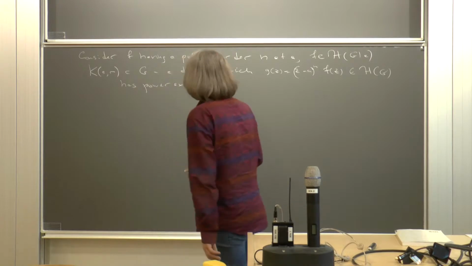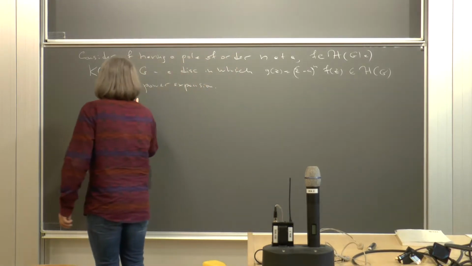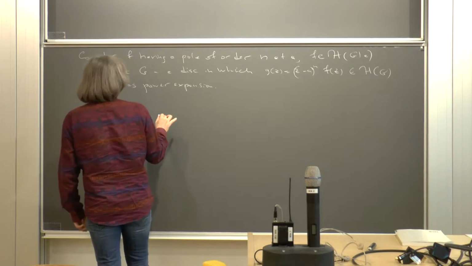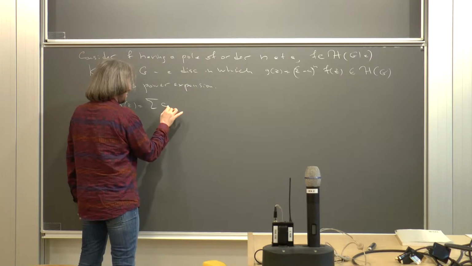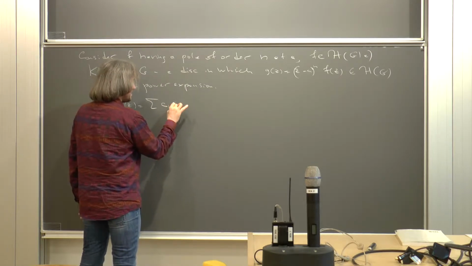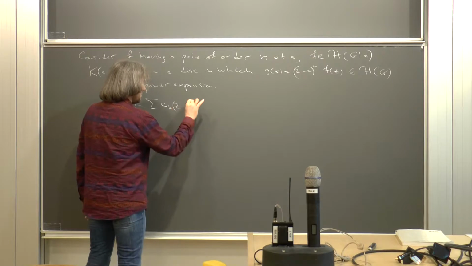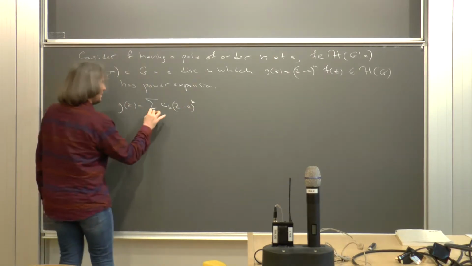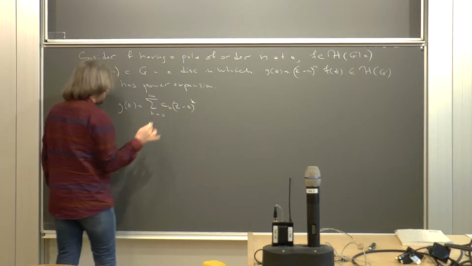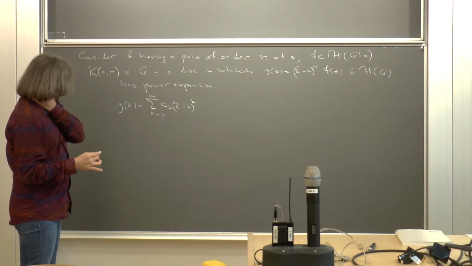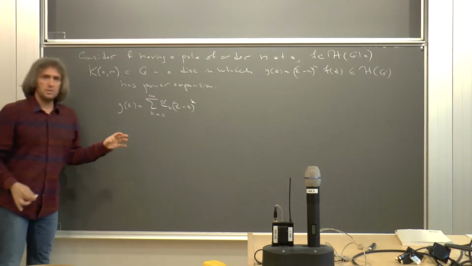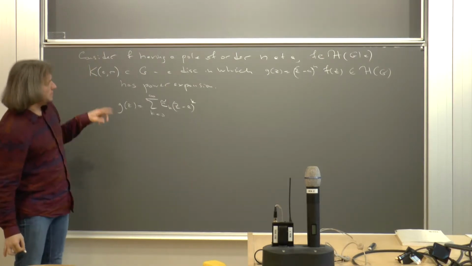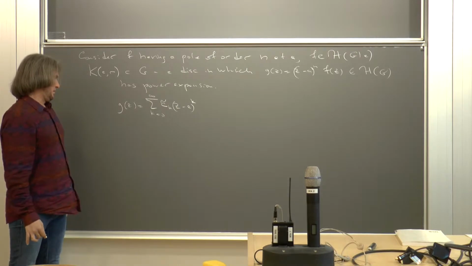So we write g of z as the sum of c tilde k, z minus a to the k, k equals 0 to infinity. I'd like to put a tilde here because what I'll write further will be the expansion for f.